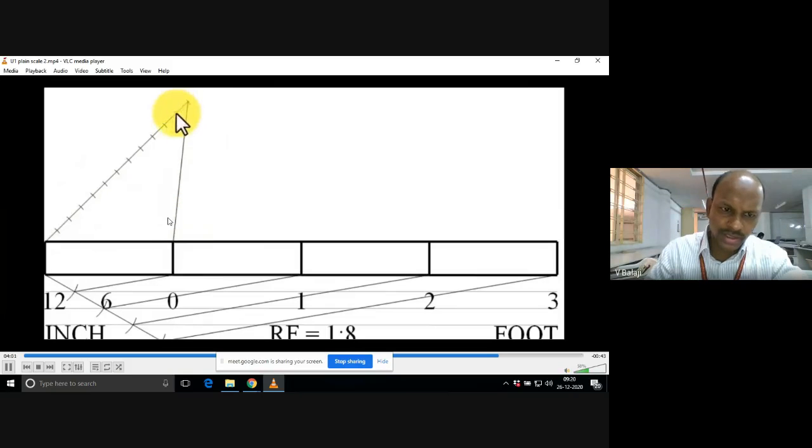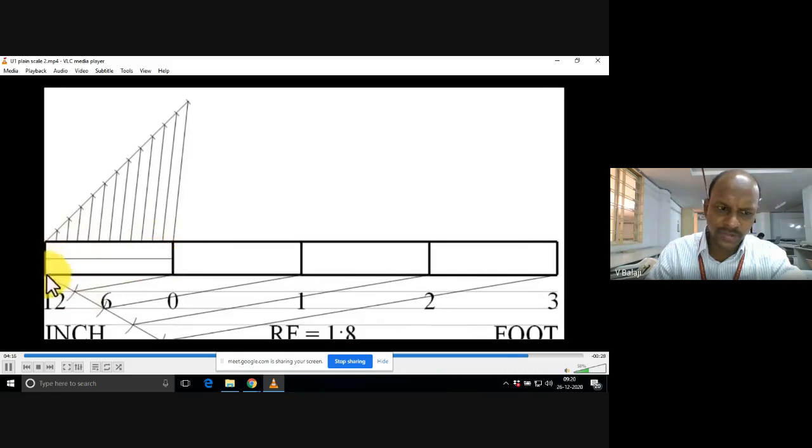You would get parallel lines like this. That means you are dividing the first part, 1 foot, into an equal number of divisions, so that each division will be 1 inch. Yes or no?